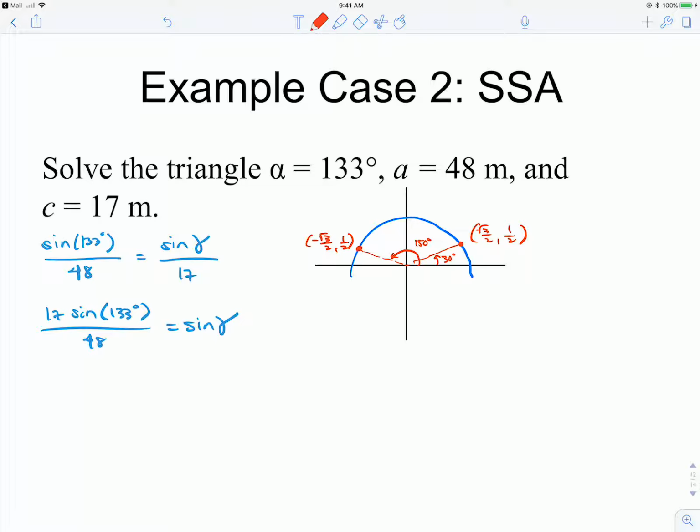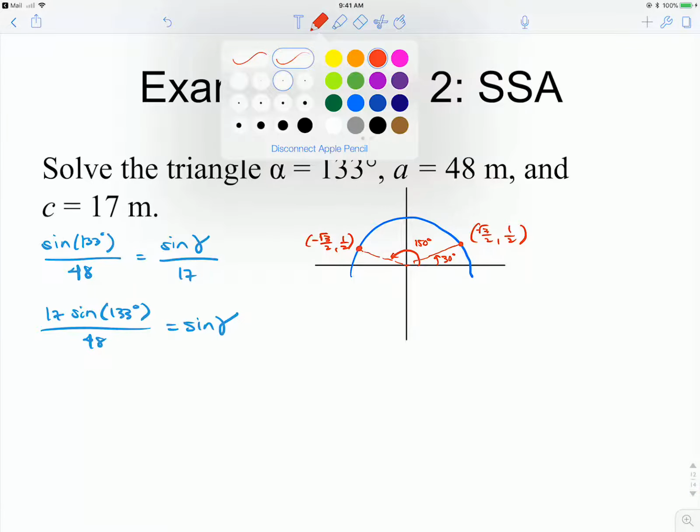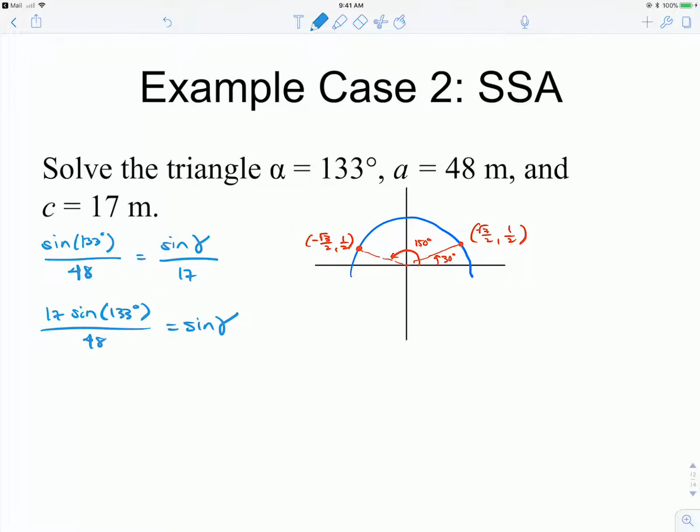Now when we use inverse sine here, it will give us an angle from quadrant 1. When we study the inverse trig functions, we'll go into more depth of why that is, but for now I'm just going to tell you, because it's a function, and functions have exactly one output for every input.